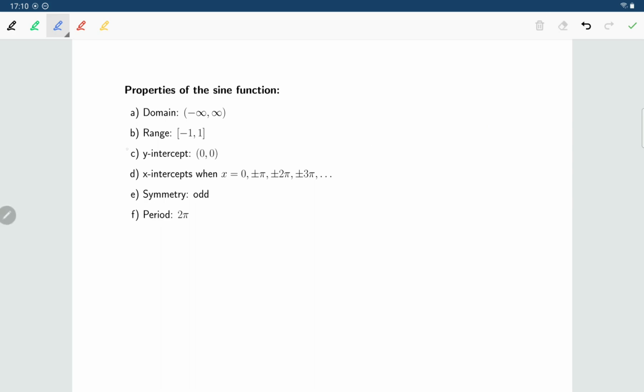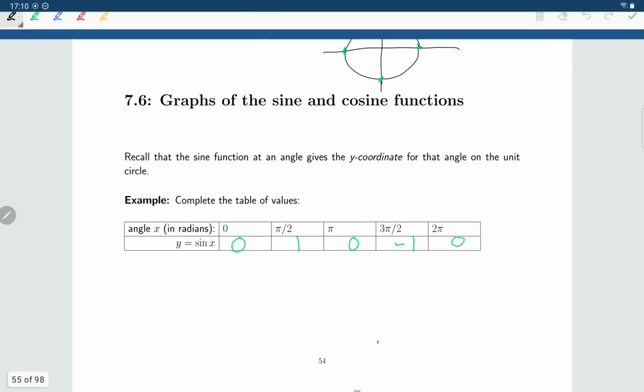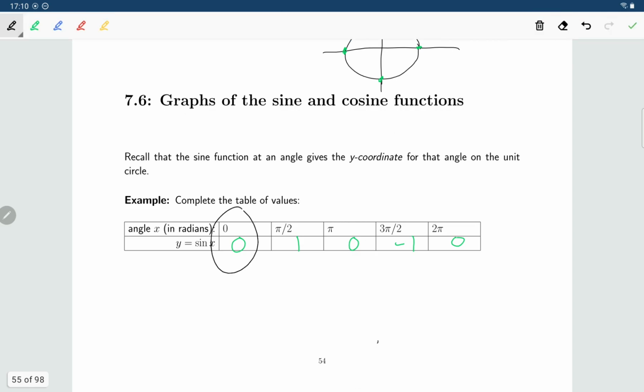We also know stuff about the x and y intercepts. The y-intercept, we found that on the previous page. We know that when the x value is 0, the y value is 0, so that's where that came from. We also found a bunch of x-intercepts when x is 0 or pi or 2 pi.